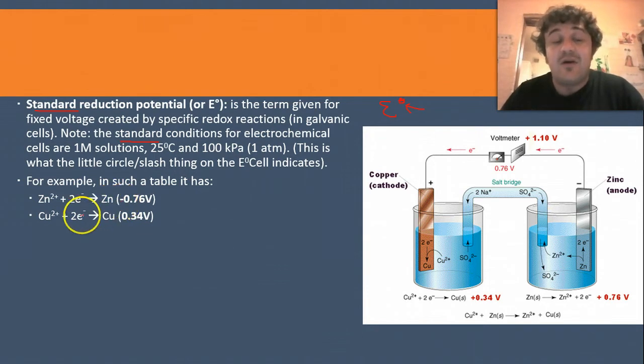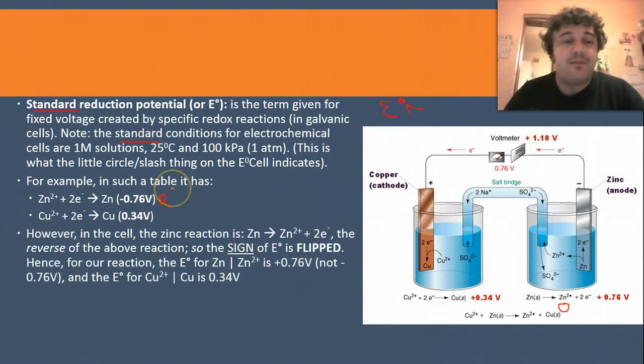You'll see that that's a minus, and copper, so this is zinc reducing and copper reducing. Now over here, what you'll notice is zinc loses electrons, so that's actually oxidation. But over here, we've got a reduction. We'll come back to that.